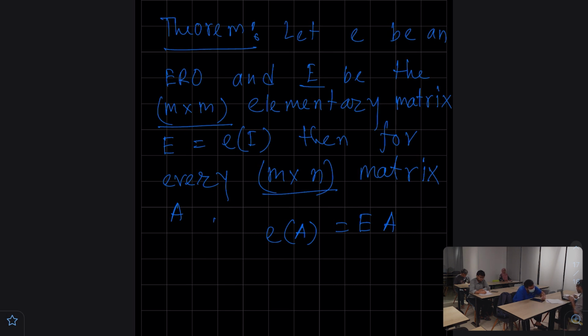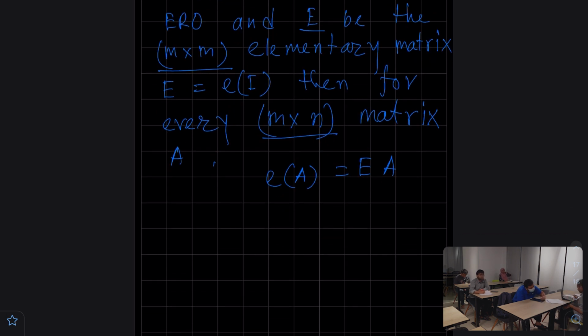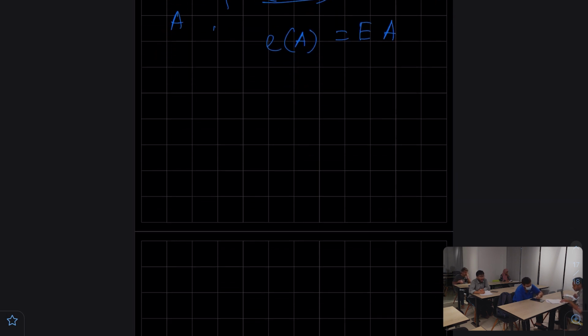Okay. So that means the elementary row operation e of A is equal to the multiplication E times A.